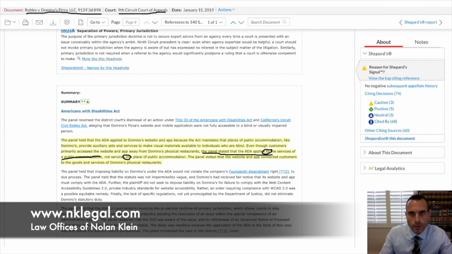There isn't going to be uniformity until the Supreme Court rules, and there isn't going to be uniformity in terms of what absolutely needs to be done to create accessibility until the Justice Department issues guidelines saying what an accessible website is.